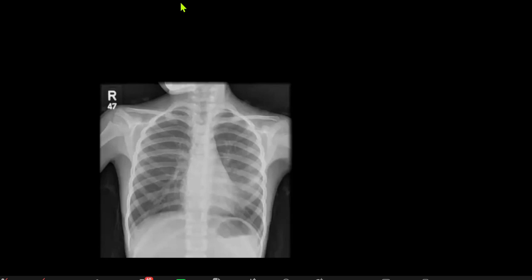I would like to correlate with the clinical history, but if there's an acute presentation, I'd be concerned about lingular atelectasis or consolidation. I think the findings would be in keeping with an acute infectious process and could recommend a follow-up chest radiograph after treatment. Lovely.